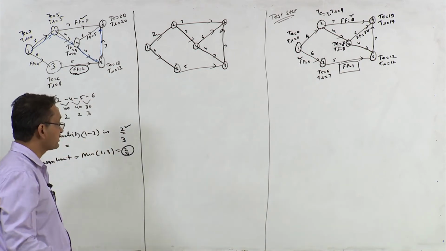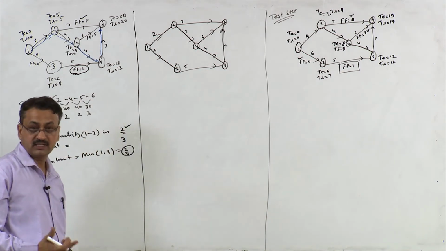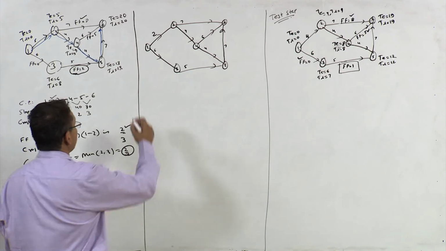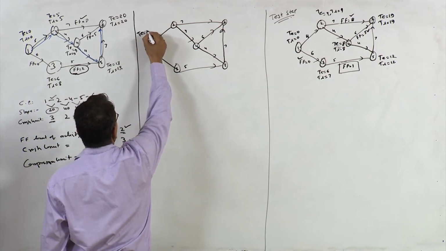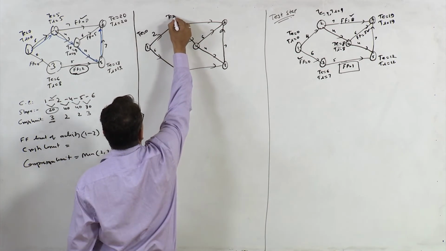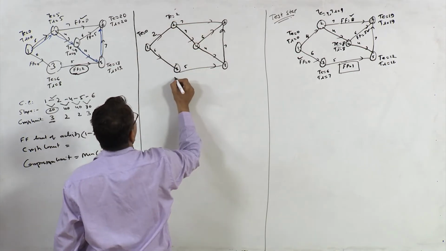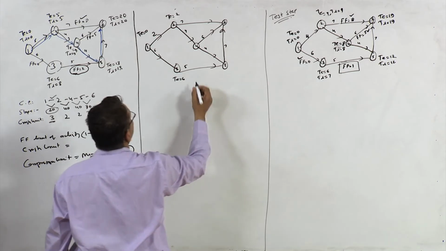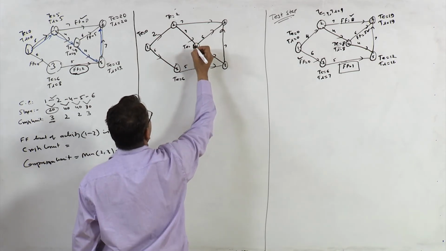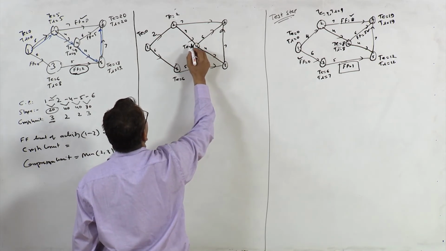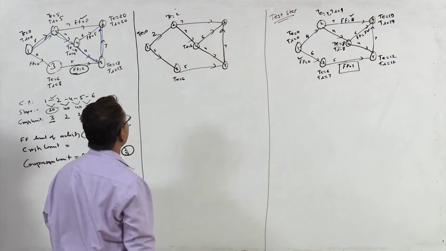Let us find out, is there any new critical path generating? So TE at this point is 0, TE at this point is 2, TE at this point is 6, and TE here is 6, since 2 plus 4 is 6.